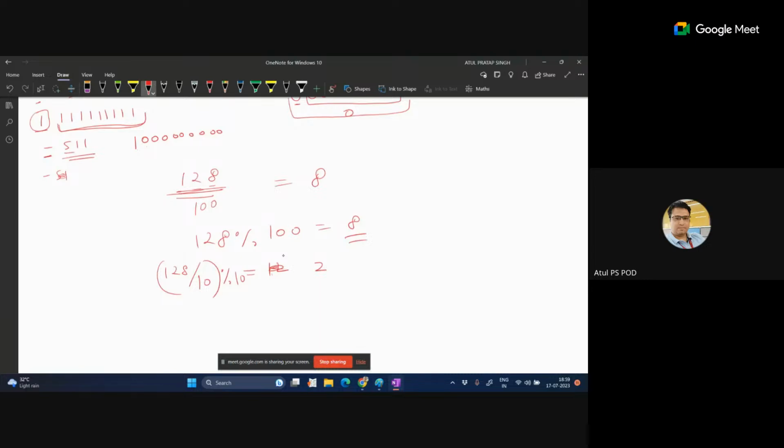Just use this formula and identify the last value, and store it in one variable. In the same way you can identify the second last value, third last value by this simple division and remainder method. Are you getting the point? Yes, sir. Thank you. So there is no need for a for loop or conditional statement here.